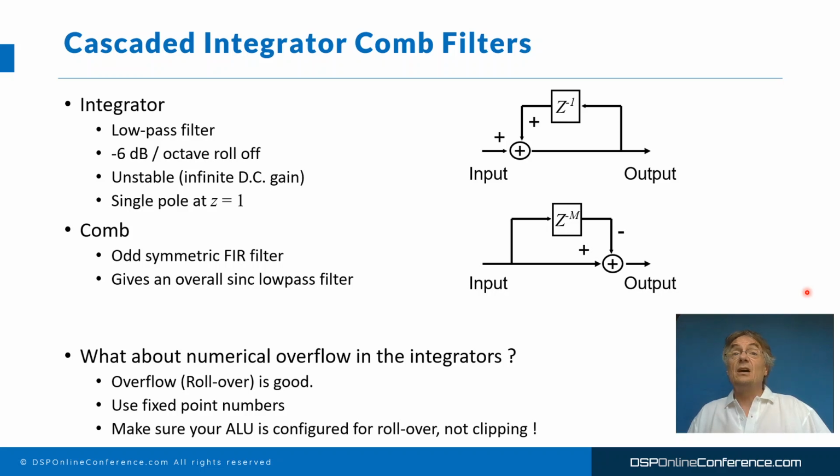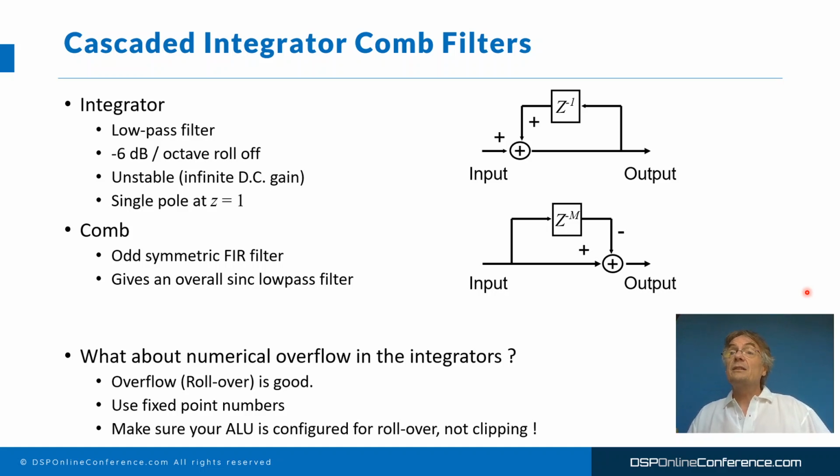The key things are that, as you can see from these diagrams, the integrator and the comb section of the filters are very, very simple. Each element consists of a delay, which is always a unit delay in the integrator, but can be a multiple element sample delay in the comb section.